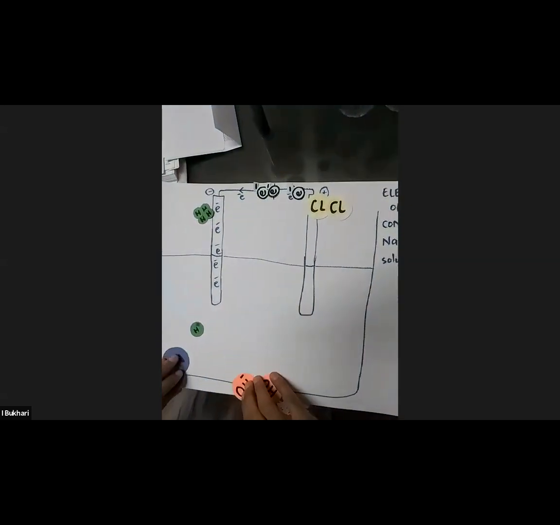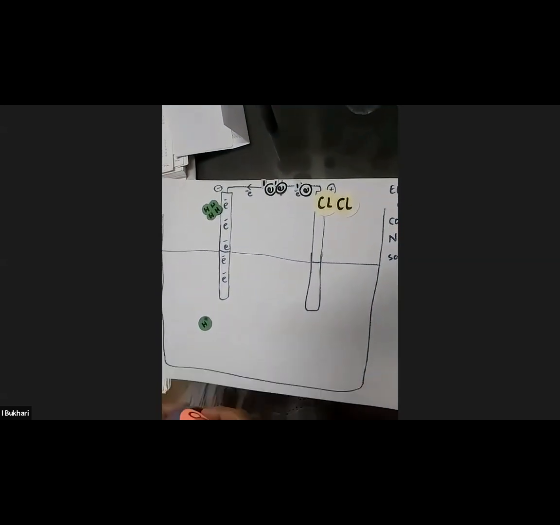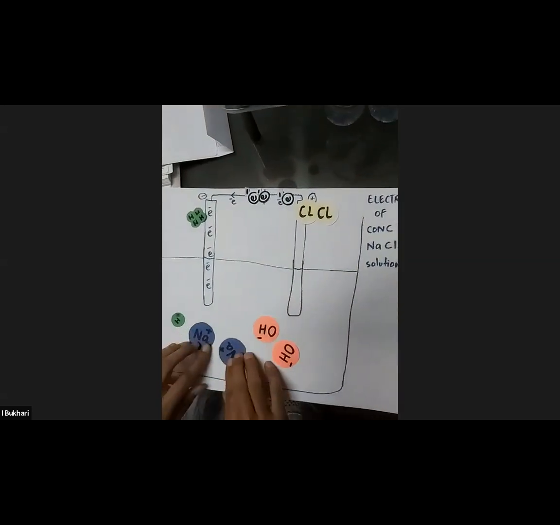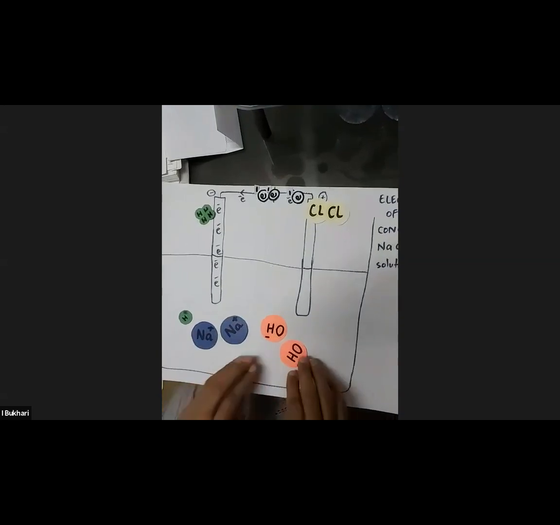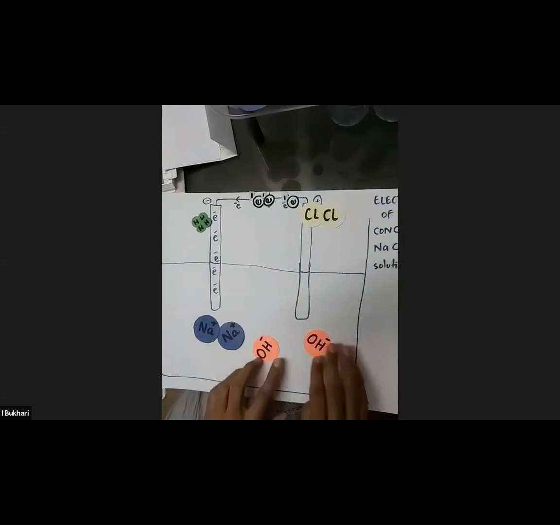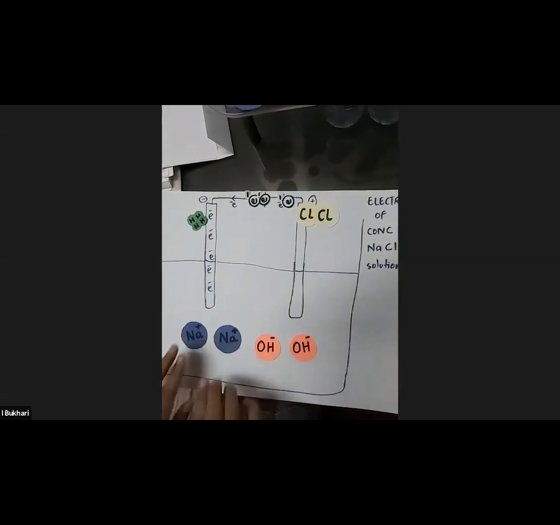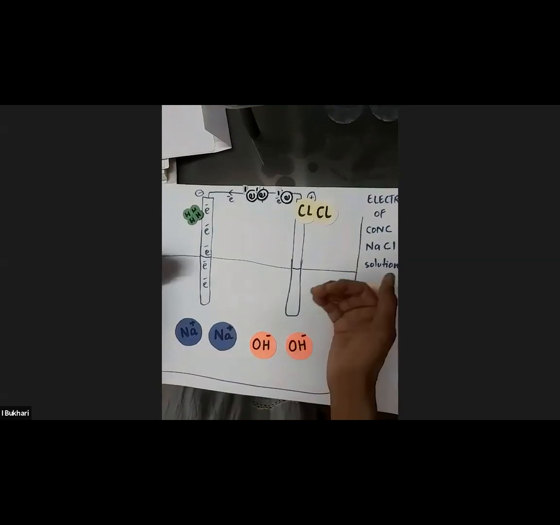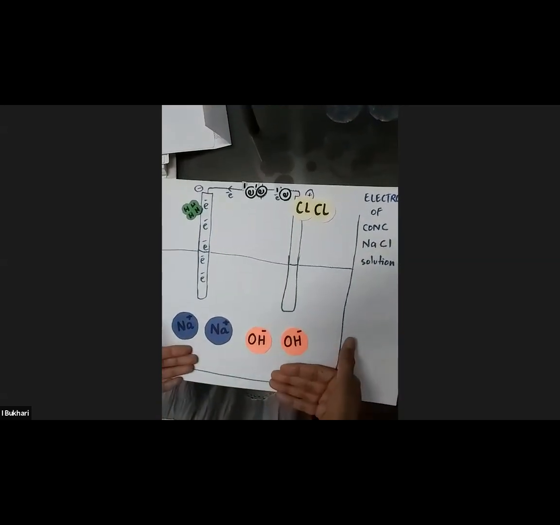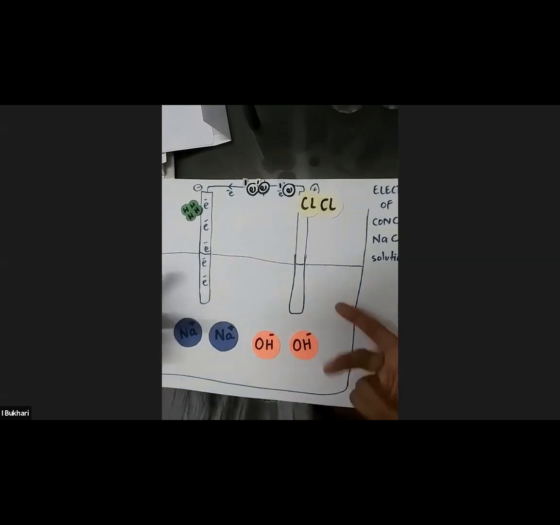You will have to carry out the identification tests in order to find out what gas this is. Now, what is left behind? Which ions are left behind? Sodium and hydroxide are left behind, right? So we have sodium hydroxide left behind, which is an alkali, right?